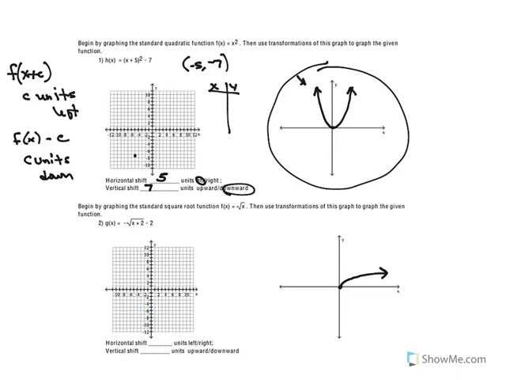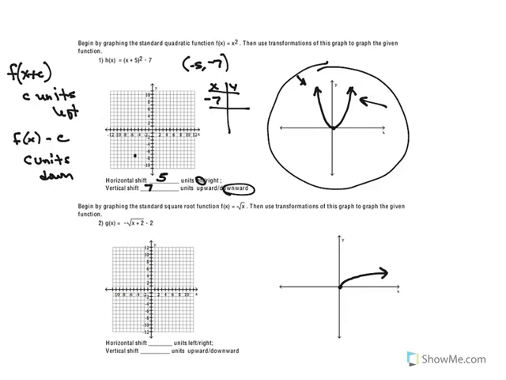So remember, I know that this graph should look like this shape here. So I know where my vertex is, which on here it's at 0, 0, and over here it's at negative 5, negative 7. So what I'm going to do is get a point on the left side and a point on the right side. I'm going to use a number that's on the left side of negative 5. So I'm going to just use negative 7.